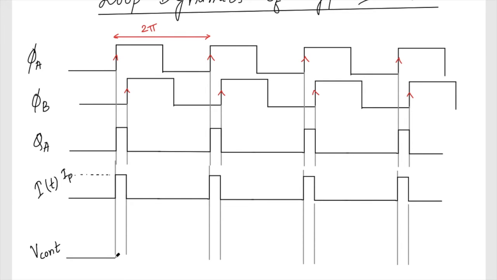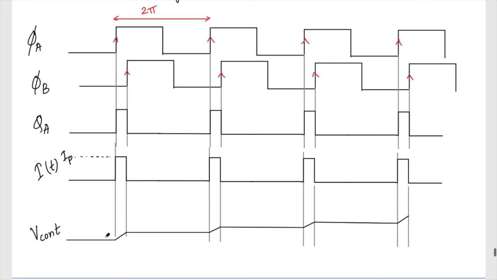The control voltage will slowly ramp up. So there is a ramping of the control voltage that is happening.